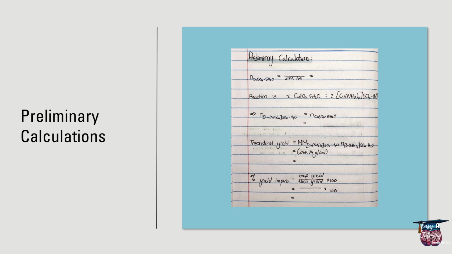Now, I like to do these preliminary calculations as you go, writing down the skeleton of the calculations that you need to do. So this is essentially all your equations written down with the necessary information, or the information that you already have. And then once you're in the lab, you can add the information that you've acquired in the lab.